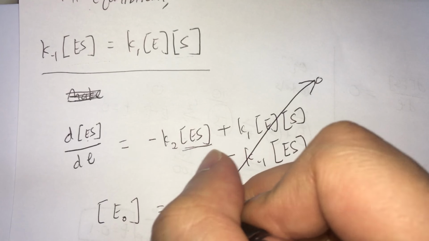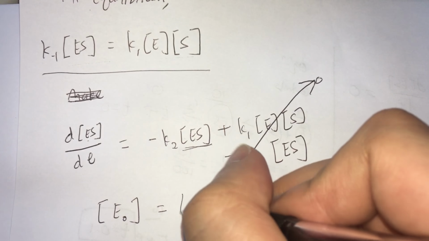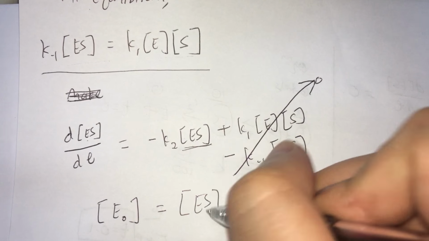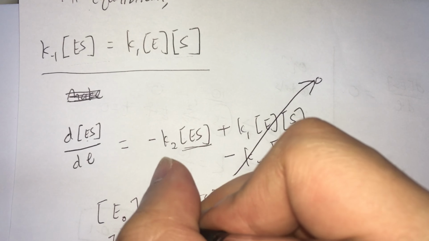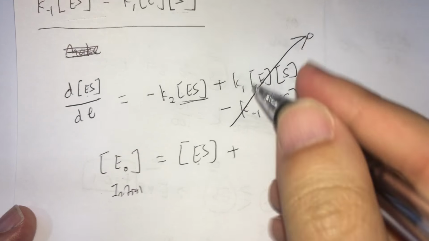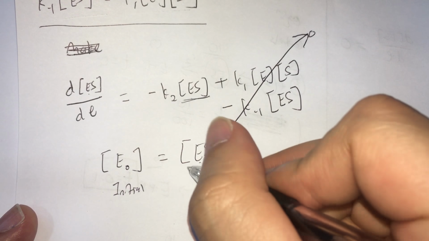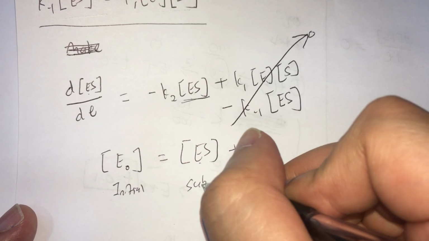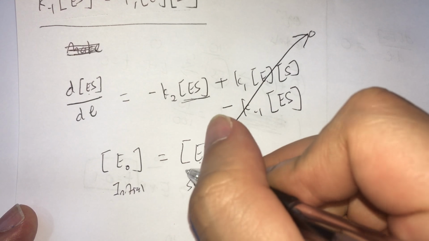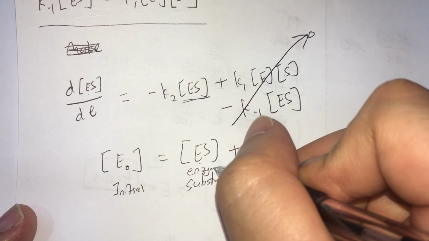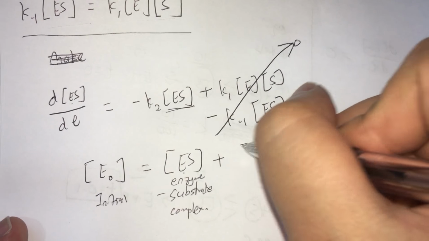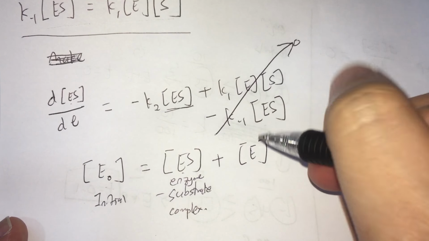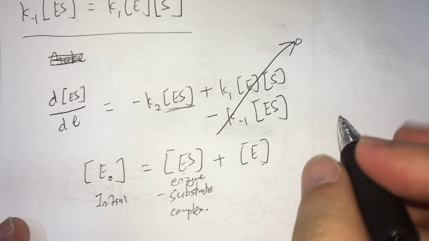This is the initial enzyme concentration, and that will be equal to, this is initial, let's write that there, initial equals the concentration of the enzyme substrate complex plus the concentration of free enzymes.